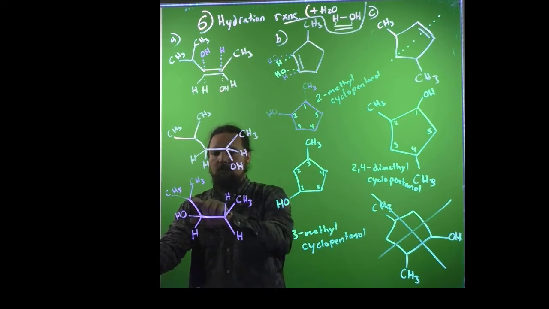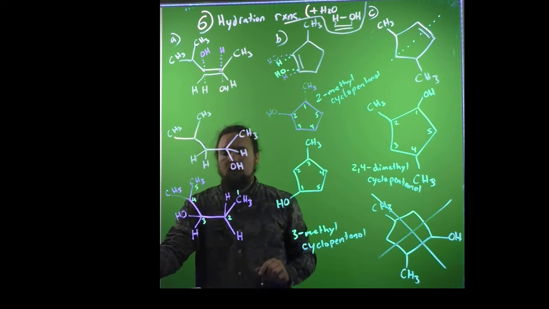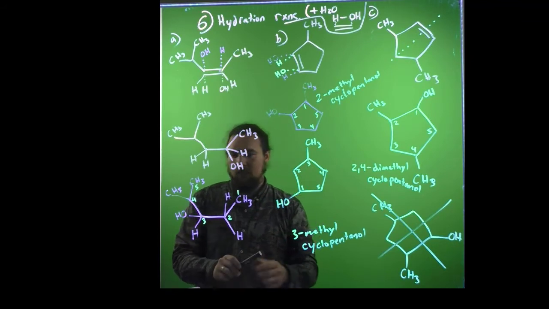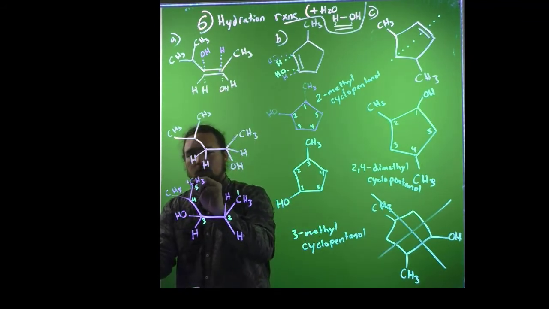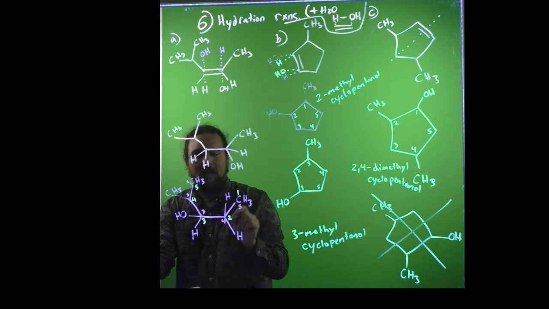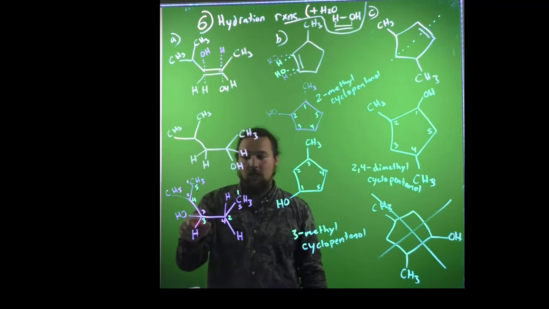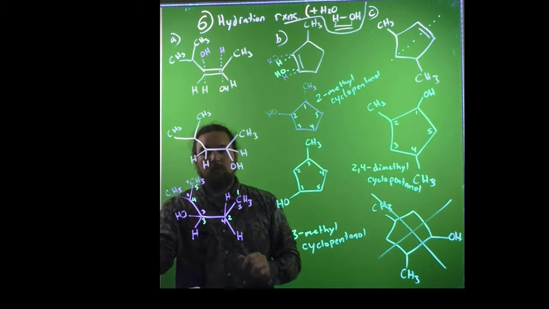1, 2, 3, 4, 5. It's a 5-carbon chain. If we start the carbon chain on this side with 1, 2, 3, 4, 5, we get the alcohol at position 3. If instead we started it over here, we do 1, 2, 3, 4, 5. And this one, we still get the alcohol at 3. So either numbering order doesn't really change the alcohol, which is the main substituent.